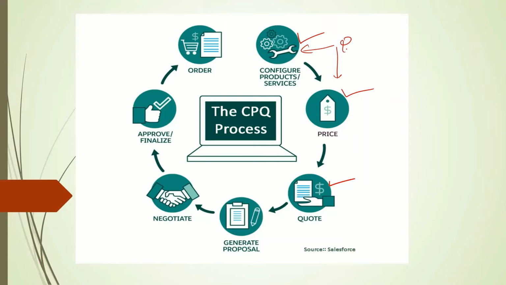Then we will have a general proposal. We will send it to the user, and then we will negotiate on that. Once it is finalized and approved by the customer, that is the stage where we create orders for all the quote lines.